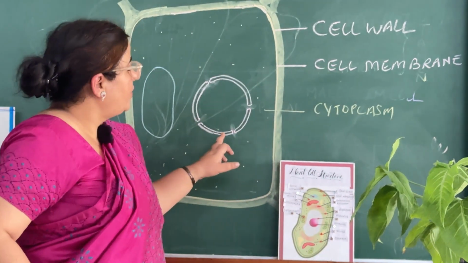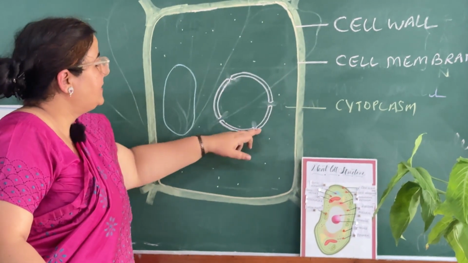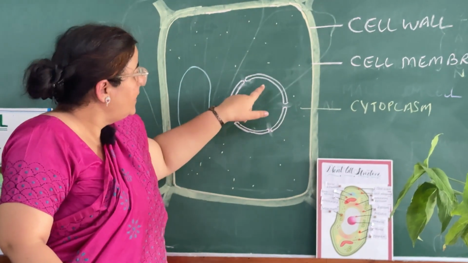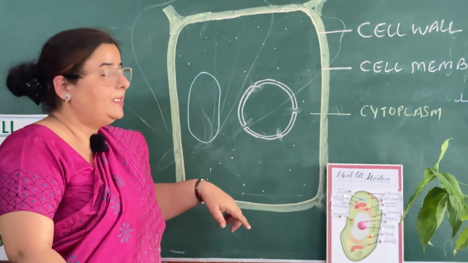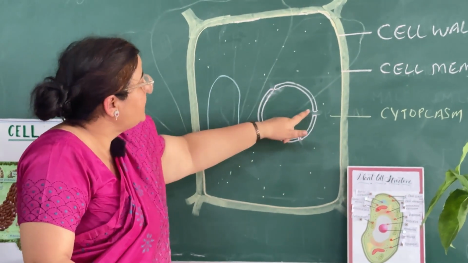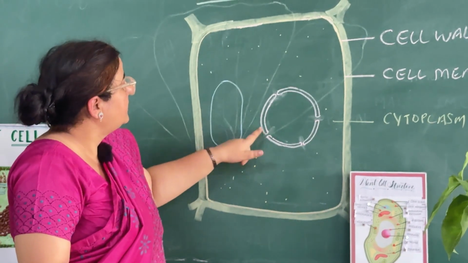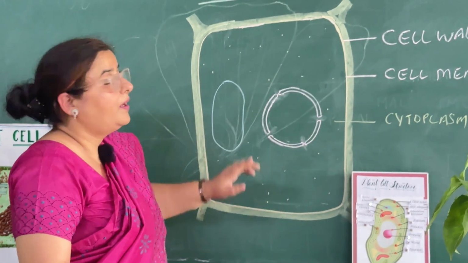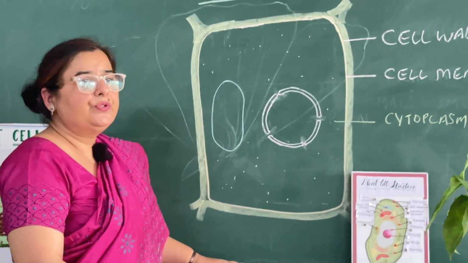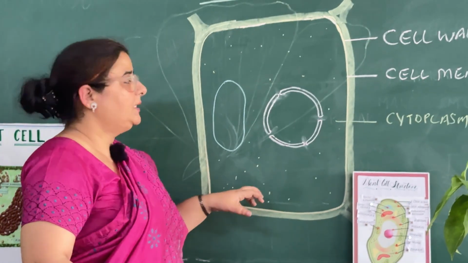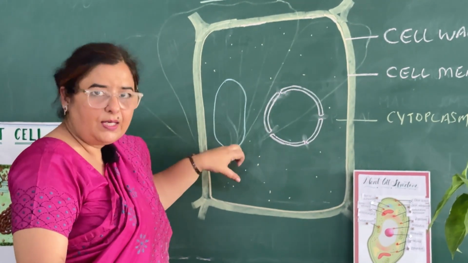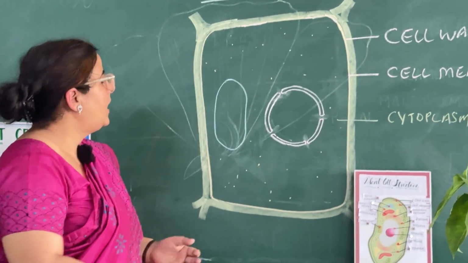So we see the structure of nucleus. It has double membrane, as you can see, 1 and 2. Two membranes are there. And it has pores also at places. The function of the pore is to transfer the material from inside of the nucleus to the outside, to the cytoplasm.